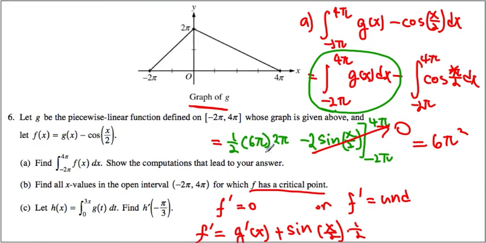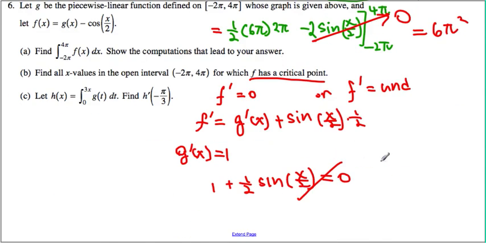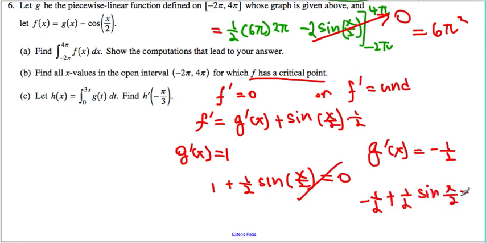Then what can g prime be? The second option is negative 1/2 for the slope. So g prime of x is equal to negative 1/2. Then we end up getting negative 1/2 plus 1/2 sine of x over 2 has to be equal to 0.